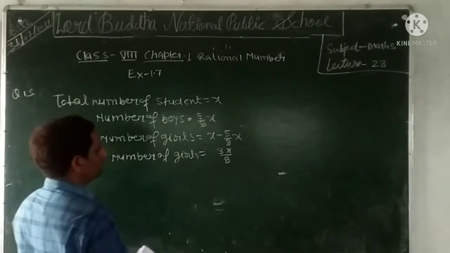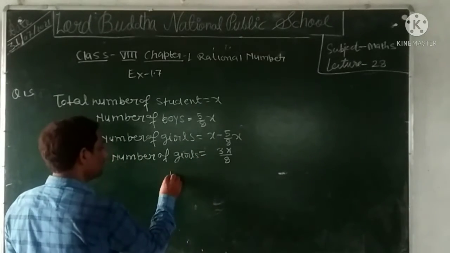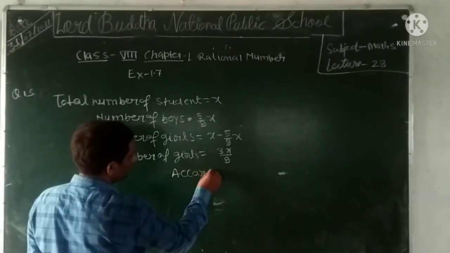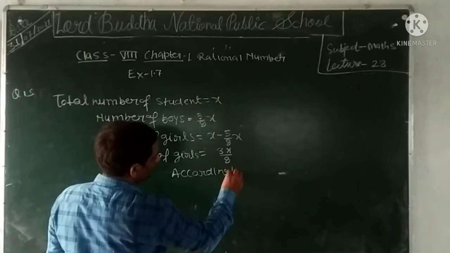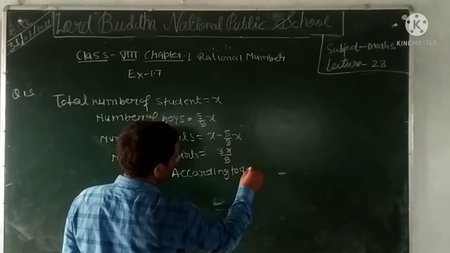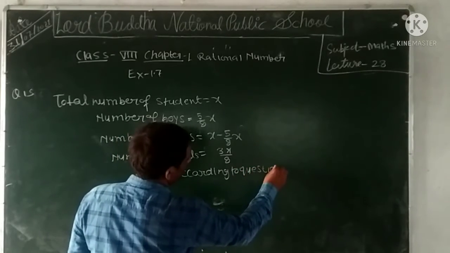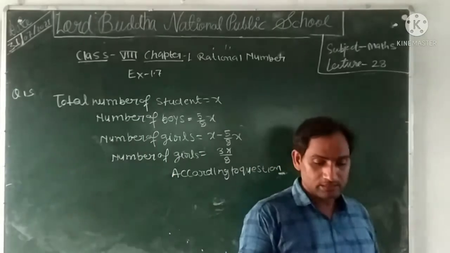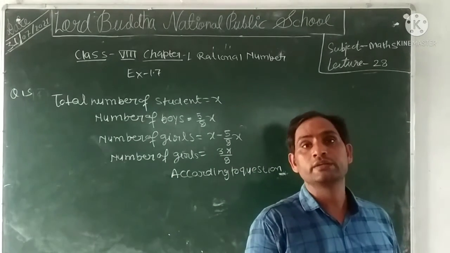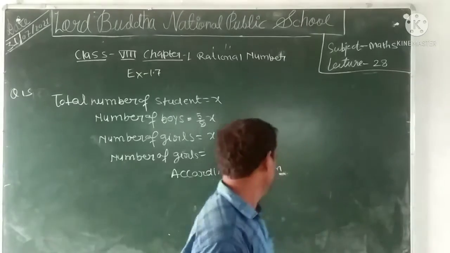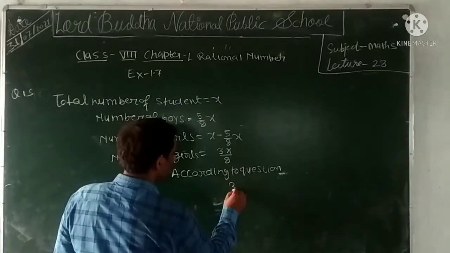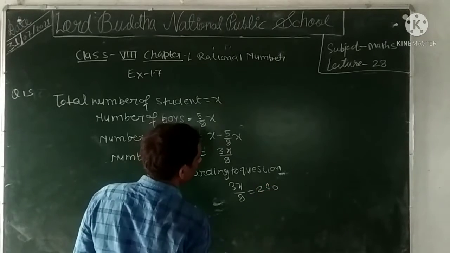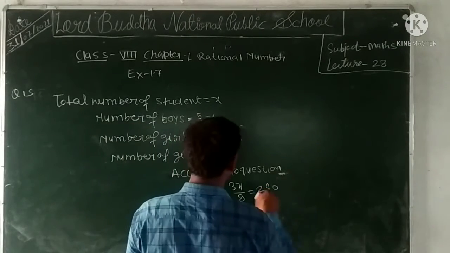Okay. Now, according to the question, the number of girls given is 240. So 3x upon 8 equal to 240.